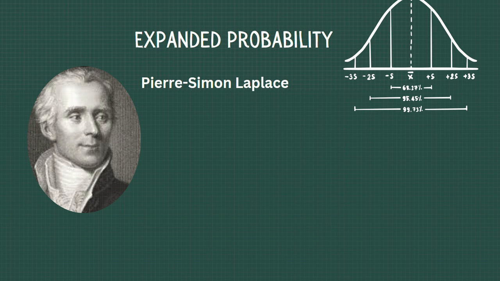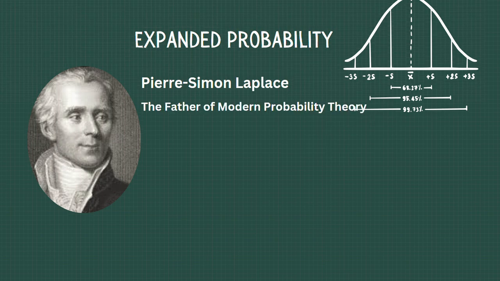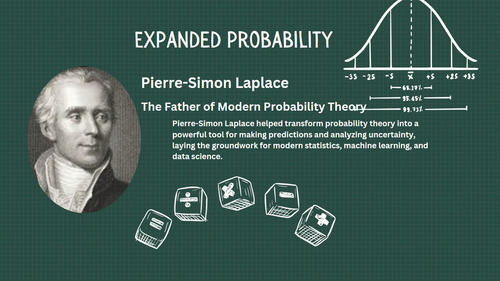Though it was mathematical, it was not yet done theoretically. So there was a person called Pierre Simon Laplace, who is also known as the founder of modern probability theory. Though the previous people started probability with their knowledge, he is the person who helped transform probability theory into a powerful tool for making predictions and analyzing uncertainty, laying the groundwork for modern statistics, machine learning, and data science.